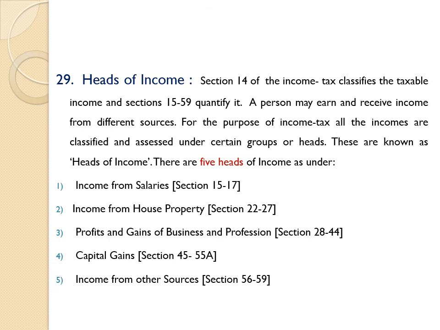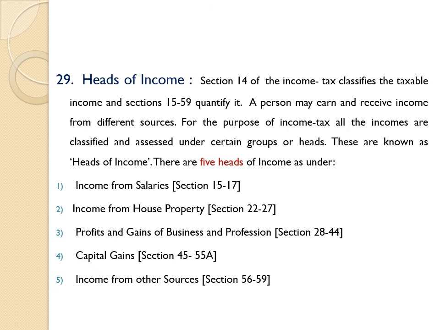Then, income from other sources, sections 56 to 59. The income which is not covered under the above four heads, and that should be included in total income, is counted under the head income from other sources.